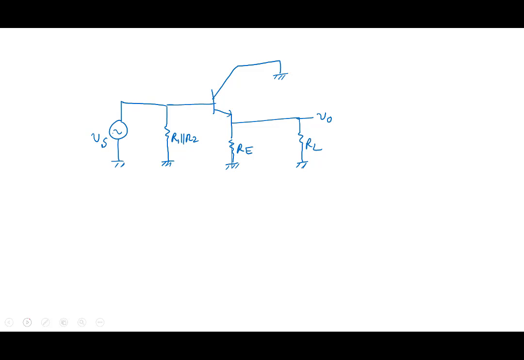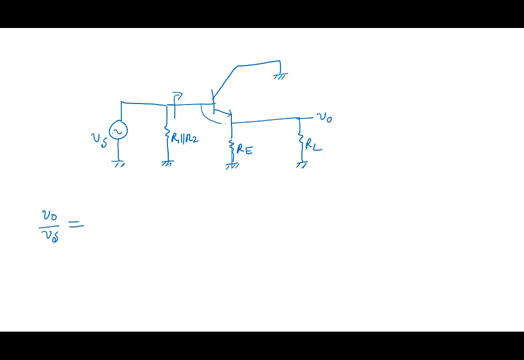So if you look at this one, if I want to calculate V0 by Vs, this is my goal. When I see from here, the whole thing, what does the circuit appear to be?